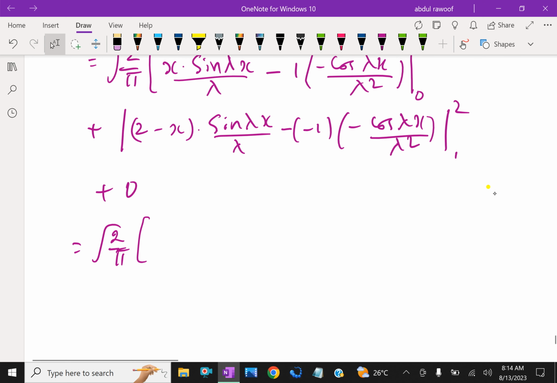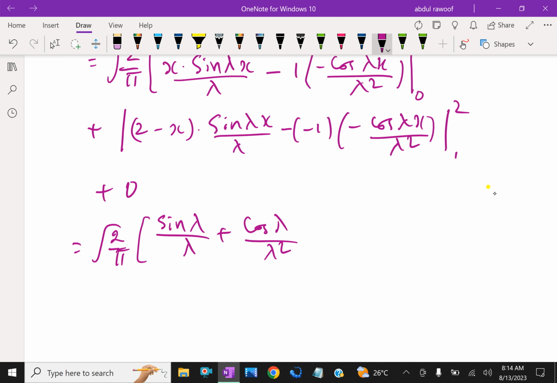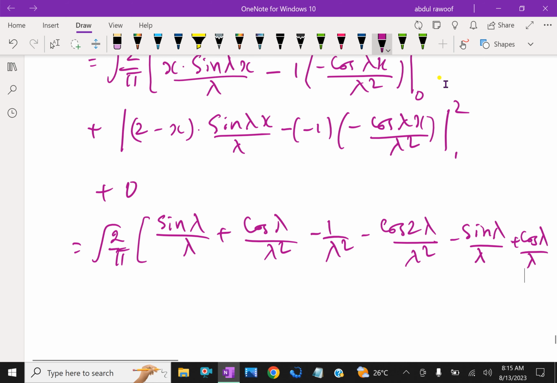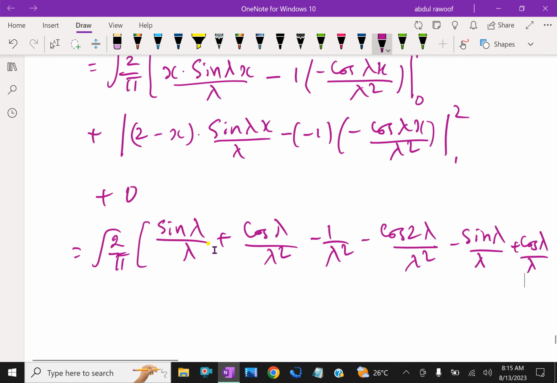Finally we have sin lambda over lambda plus cos lambda over lambda squared minus 1 over lambda squared, minus cos 2 lambda over lambda squared, minus sin lambda over lambda plus cos lambda over lambda squared. After applying the limits 0 to 1 and 1 to 2, we have this expression.